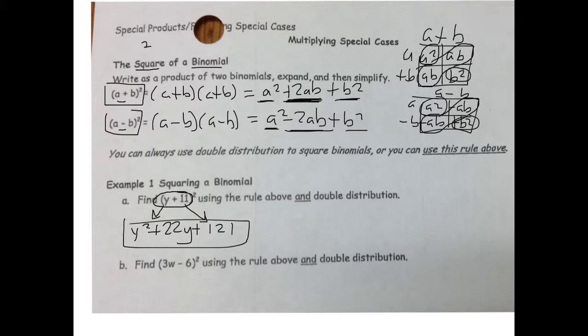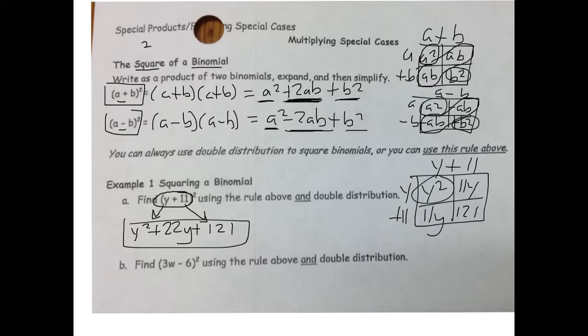And so we're able to get to that without having to go through all of the box method of y plus 11, y plus 11: y squared, 11y, 11y, 121. There's the y squared, there's the 121, the peanut pair, 11 and 11 makes 22. So it's just a shortcut to get there faster without having to go through all of that.